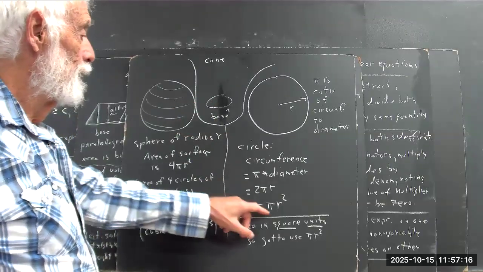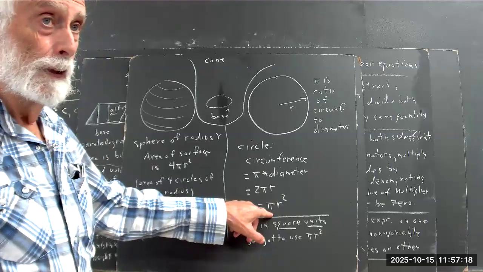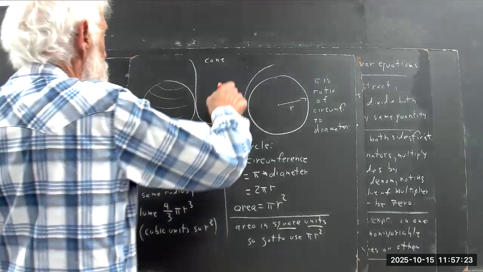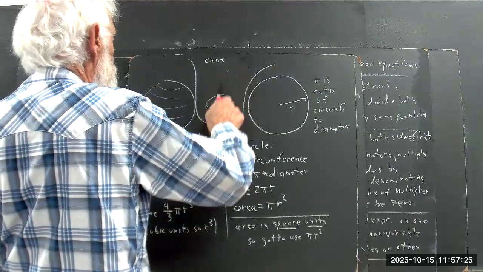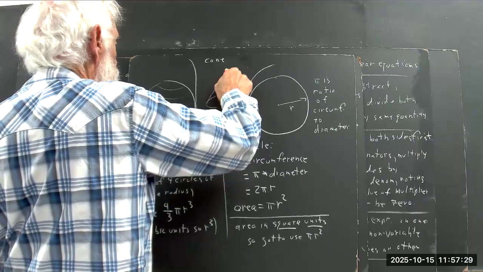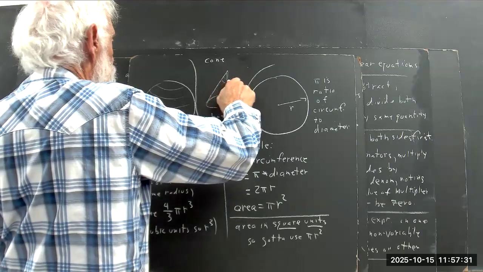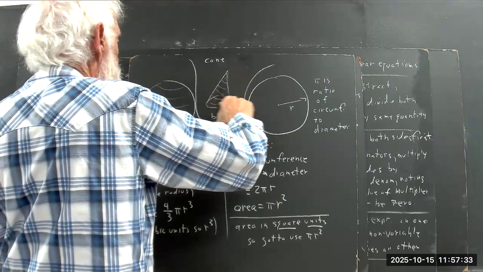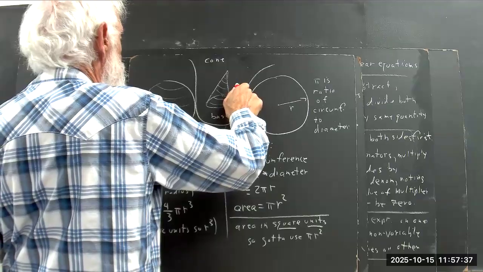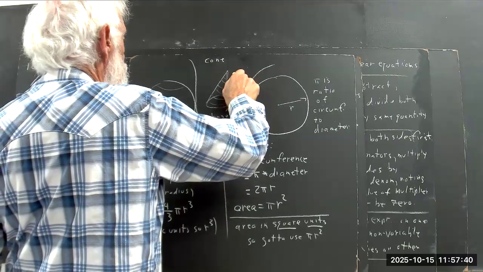If it's a circle of radius r, then you know how to find its area, right? Now we come up to some point here. It doesn't have to be right above the center. Doesn't matter where it is. It may be a little lopsided. But here's a cone.